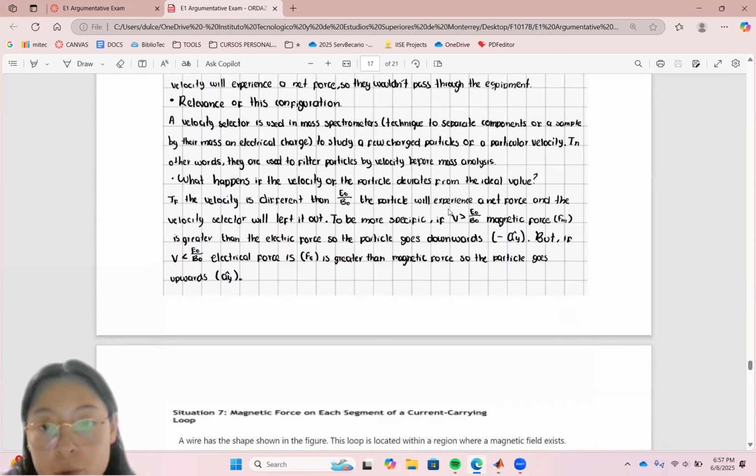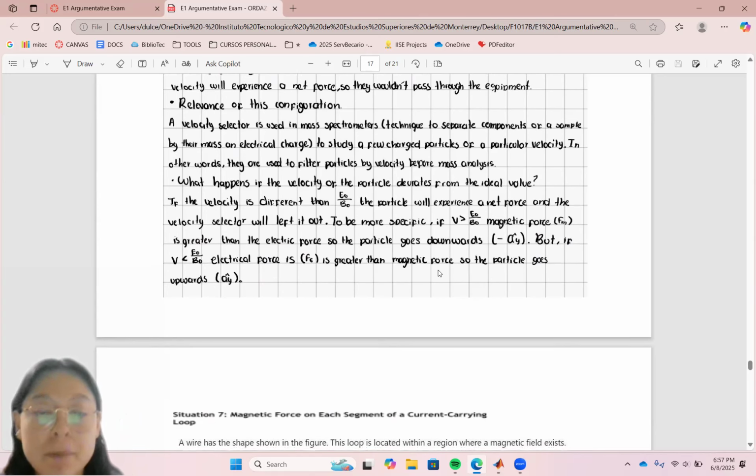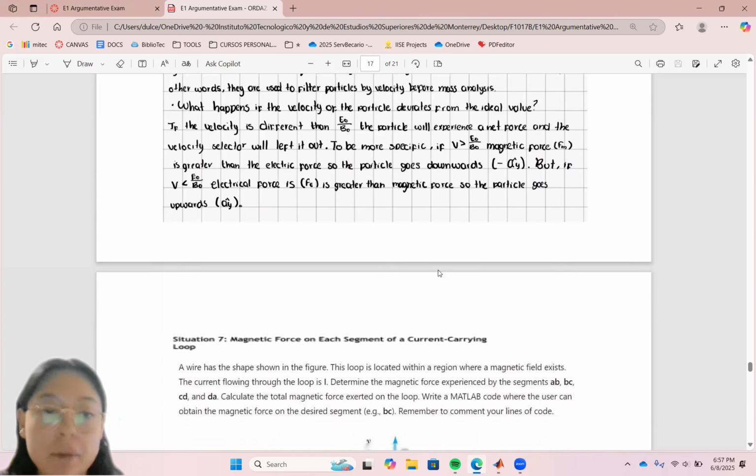The particle will experience a net force and the velocity selector will lift it out. To be more specific, if the velocity is greater than this expression, the magnetic force is greater than the electric force, so the particle goes downwards. But if the electric force is greater than the magnetic force, the particle goes upwards in the y component.